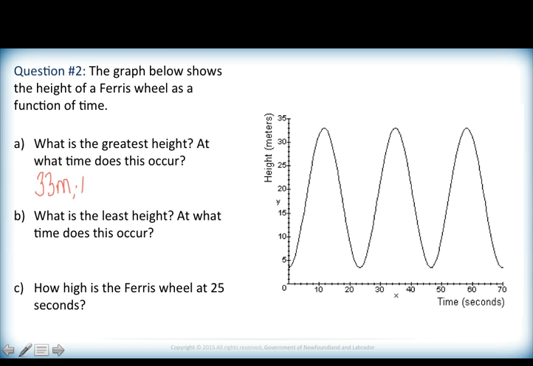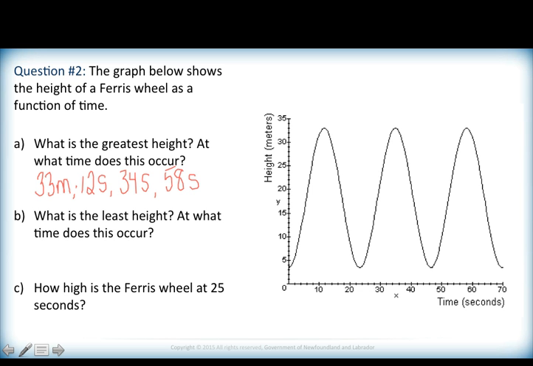So if you want to find approximately the time, you just take the middle of our maximum height and look down on the horizontal line. You can use a ruler, which would help you find the most approximate time.